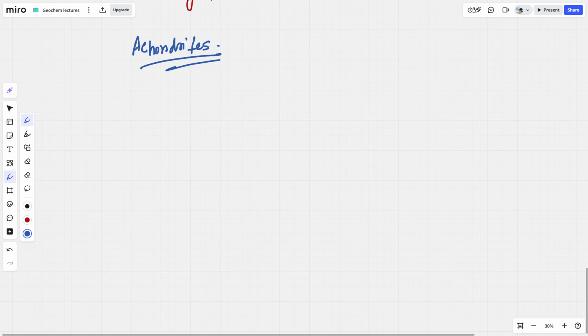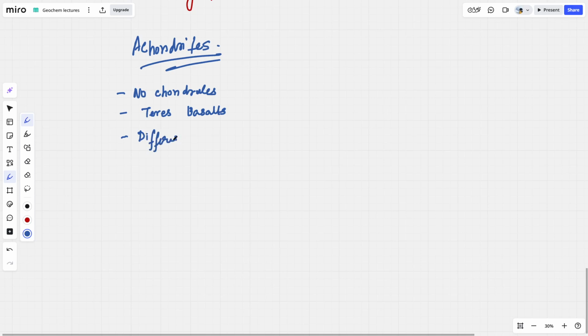Okay, so what are the points? It has no chondrules, then it resembles the terrestrial basalts. It's similar to basalts in mineral composition and textures. Okay, and they are again differentiated meteorites.